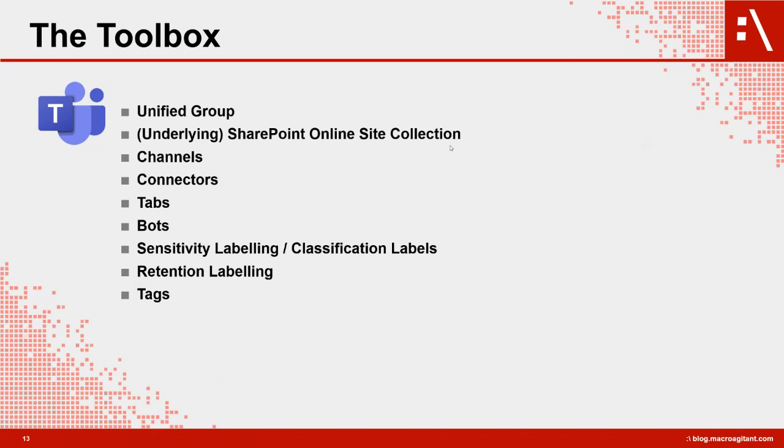Tabs are another way of providing a view into another system. You can create very simple single page applications that display information from other systems and merely surface those in the Teams experience. The idea here is that you need to be able to provide those pages with some context in order for the right information to be retrieved.